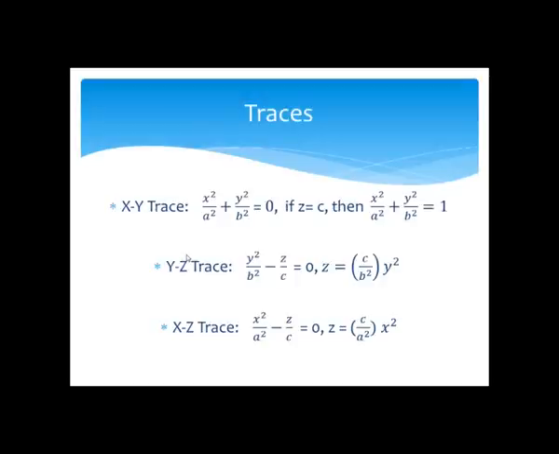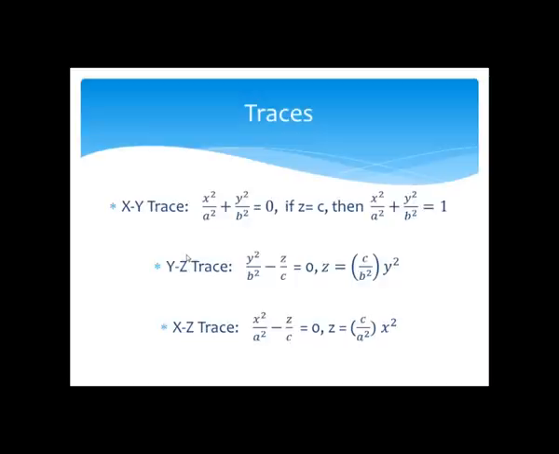Now you can think of the traces as a perspective such that your viewpoint is perpendicular to one of the graph's axes. So in other words, you treat one of the variables as a constant, so that what you're viewing is actually two-dimensional.